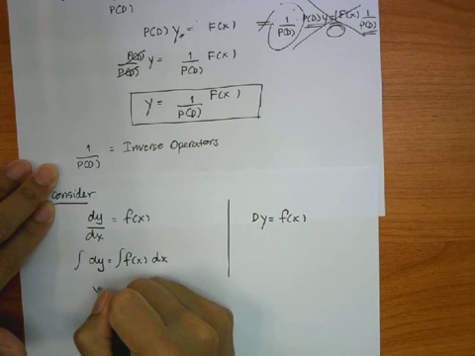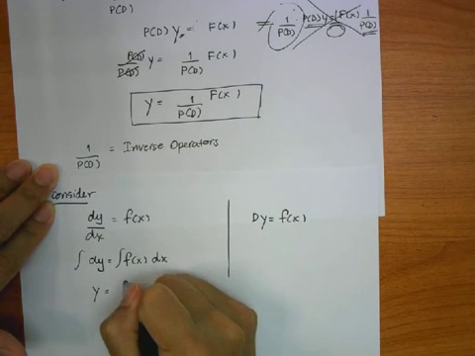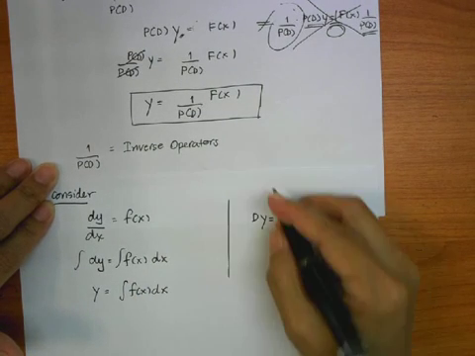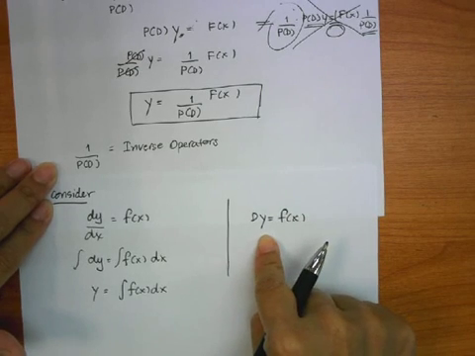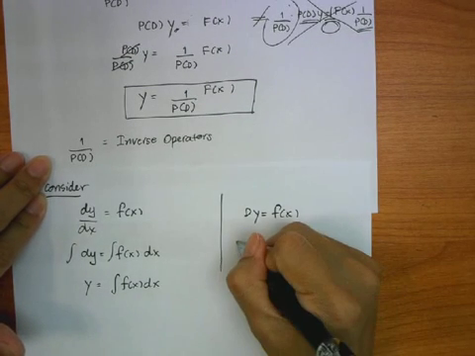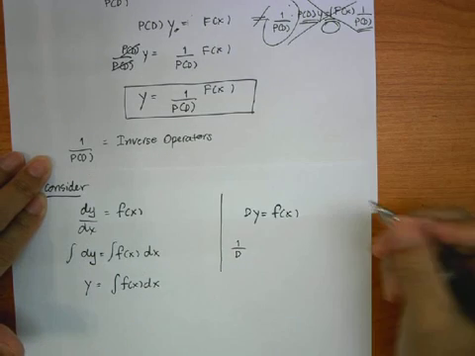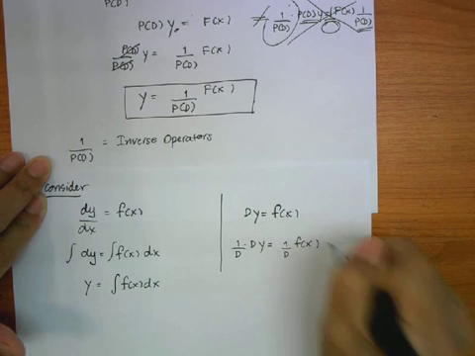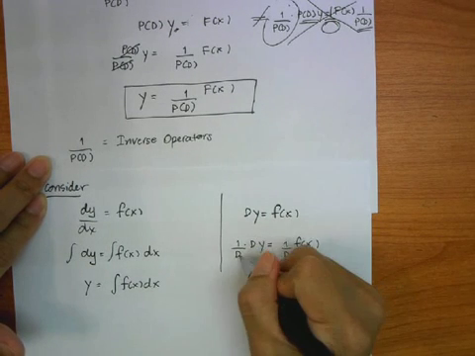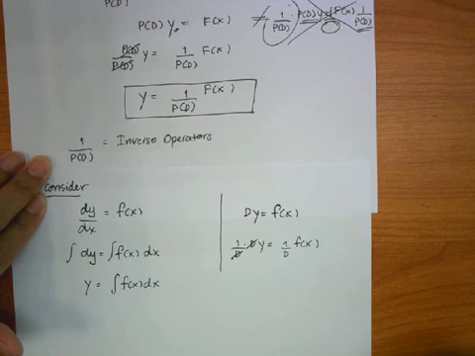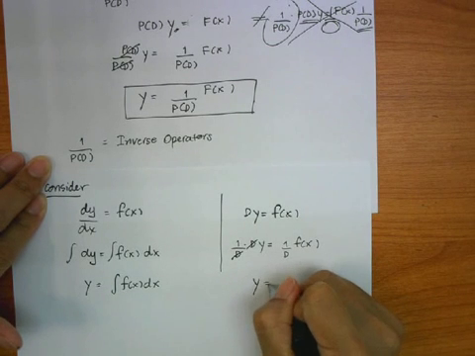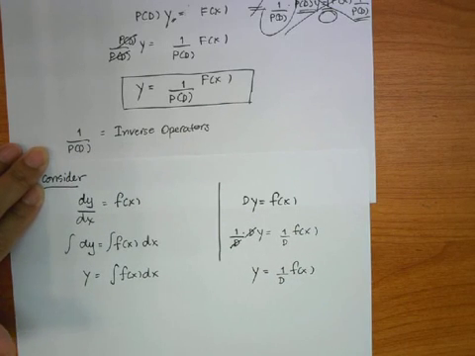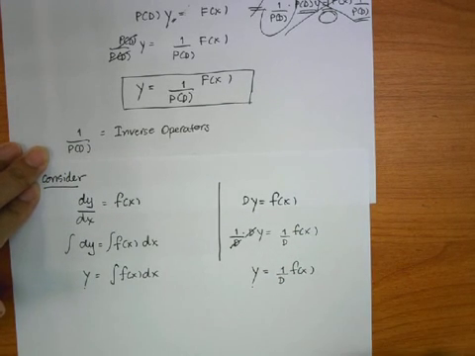Then you would get y equal to the integral of f(x) dx. And if you want to find y in the operator form, you multiply this differential equation by 1 over D, and then D and D cancel out, so you get y equal to 1 over D f(x). But this y and this y are the same.